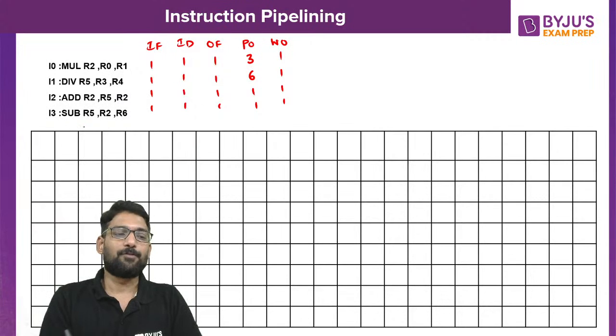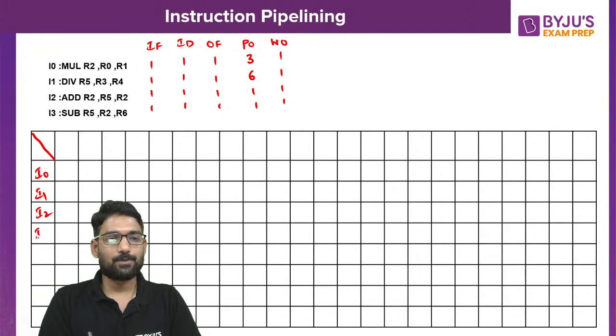So if we do it in the form of a space-time chart, keeping I0, I1, I2, I3 here, for I0, IF requires 1 clock cycle, then ID, then OF, PO requires 3 clock cycles. The first instruction is always independent. Then for the second instruction, we make sure no 2 similar stages overlap.